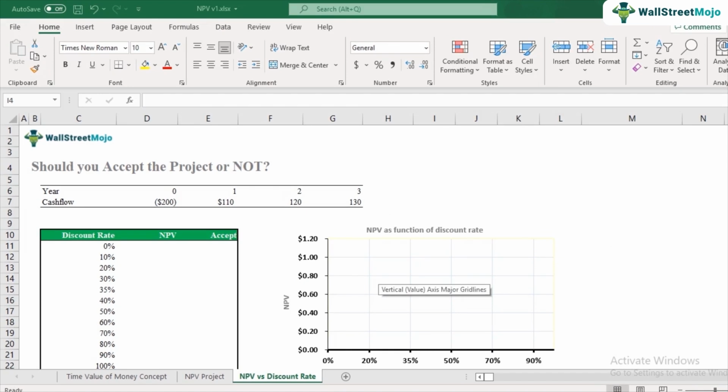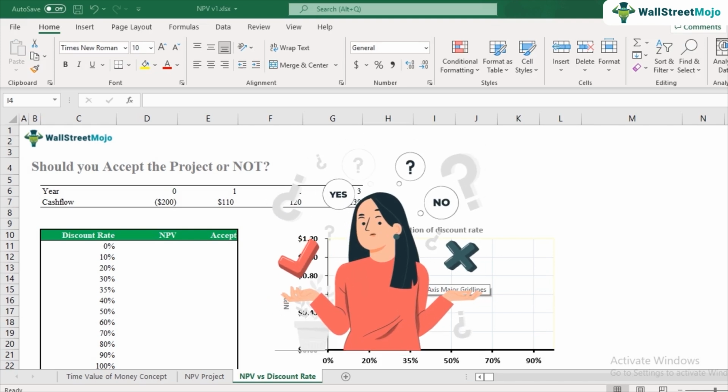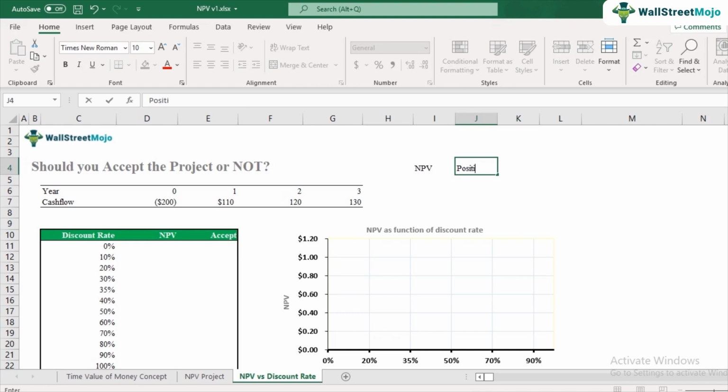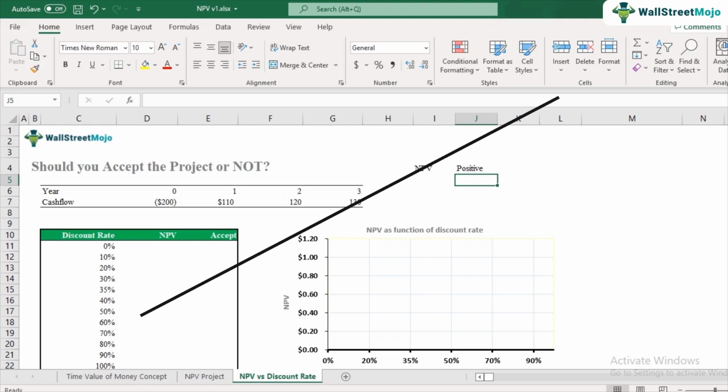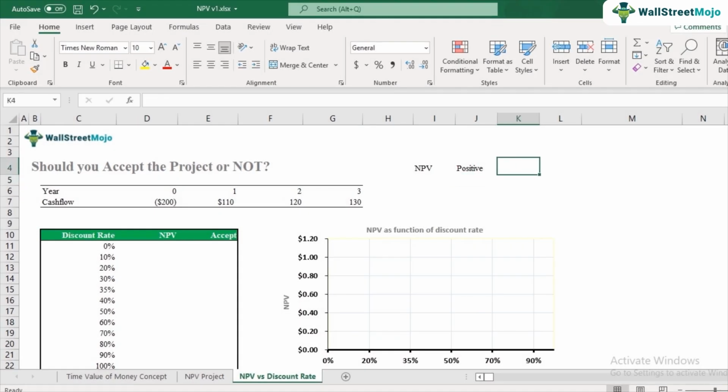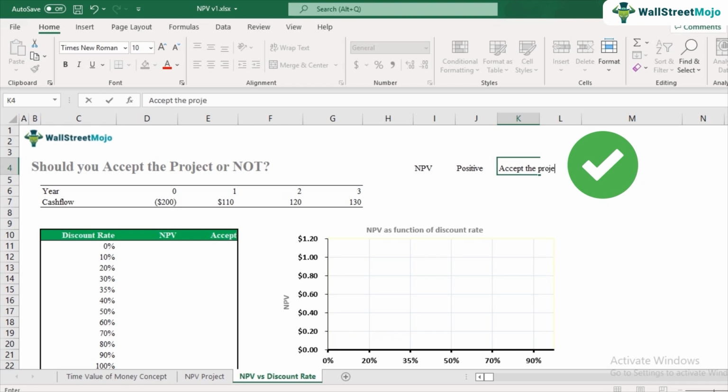So the reason that we learn all about NPV, or the net present value, is at the end of the day, you should be able to understand whether you should accept the project or not, right? So here you will just follow a simple rule of thumb, and that is that if the NPV is, let's say, positive. Now, what does it mean when NPV is positive? It means that your present value of expected cash inflows is more than your cash outflows. In that case, your NPV will be positive, and that means you should accept the project.